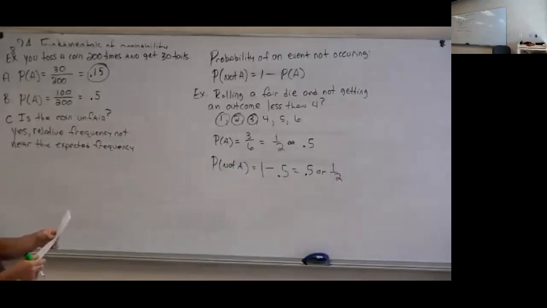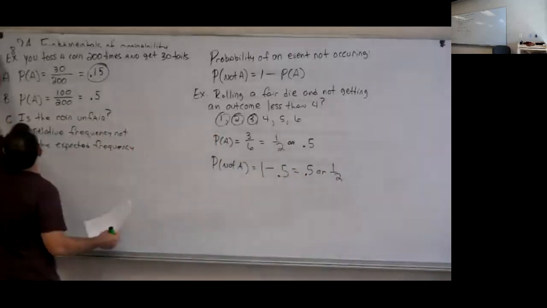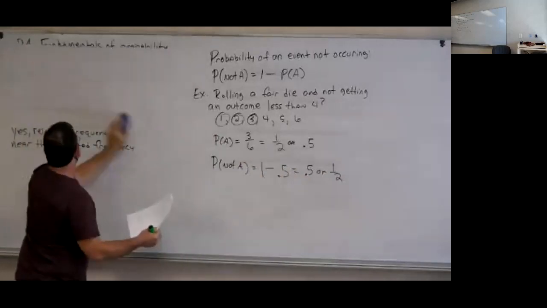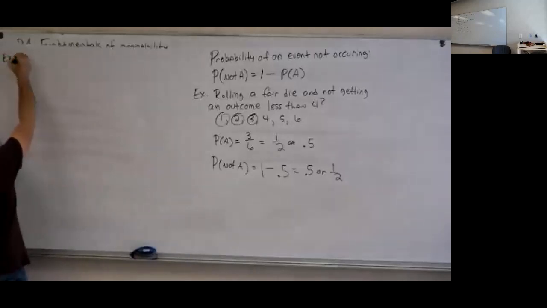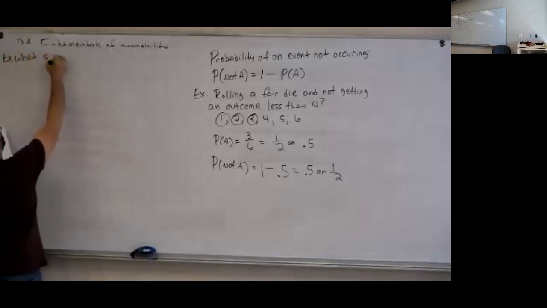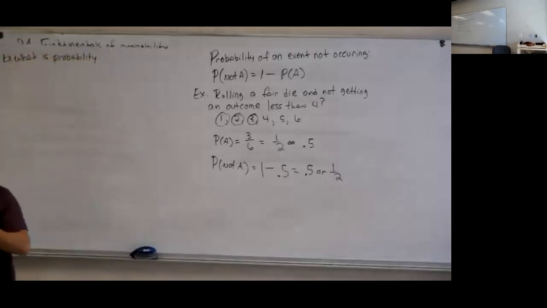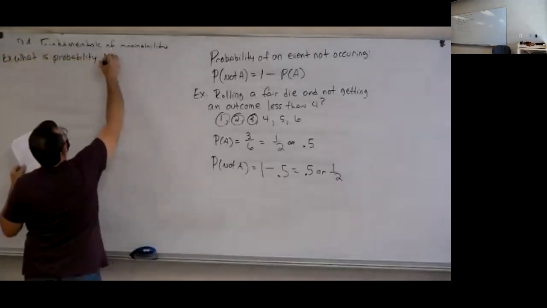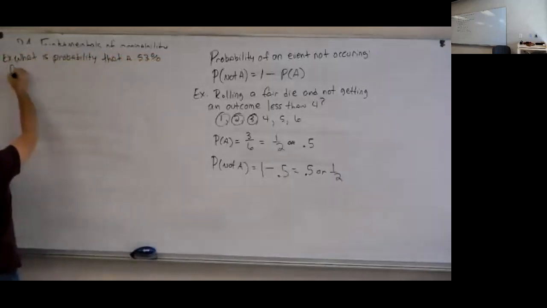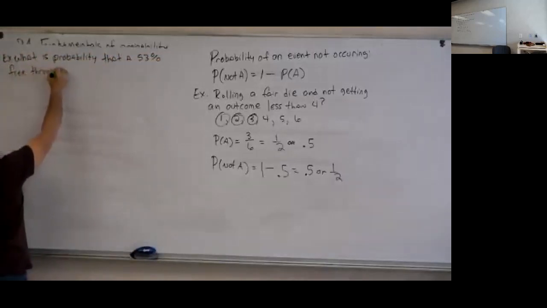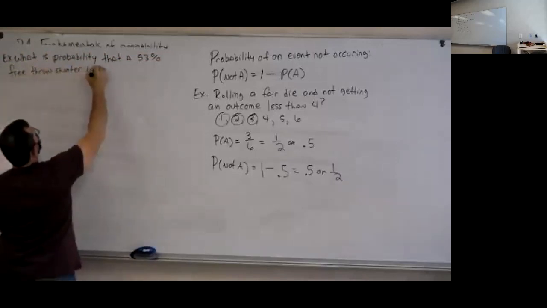All right, so that was a fair die. Check this out. I've got a free throw. What is the probability that a 53% free throw shooter will miss the next free throw?